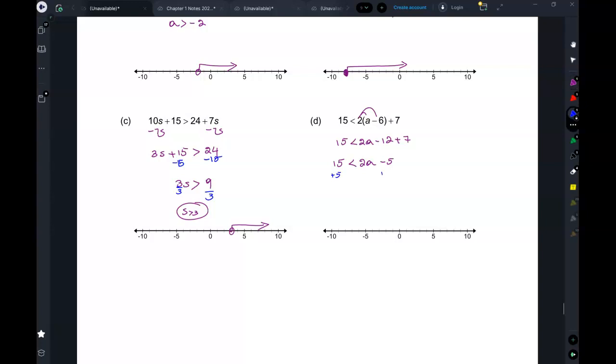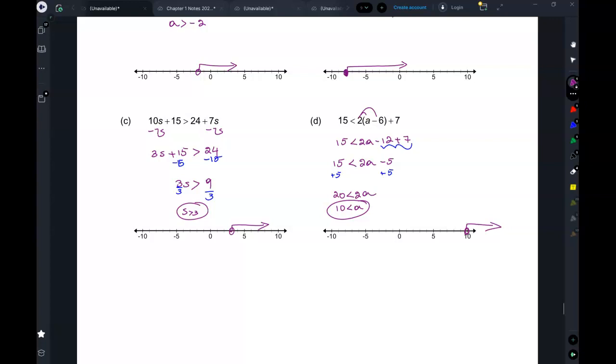Add 5, add 5. Wait, what happened to 7? So here, negative 12 plus 7, yeah. So now I get 20 is less than 2a. So 10 is less than a. So I go to 10. And which way am I going to go? To the right. Off grid.